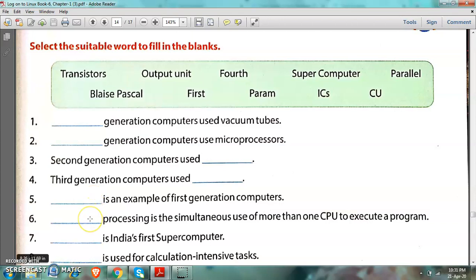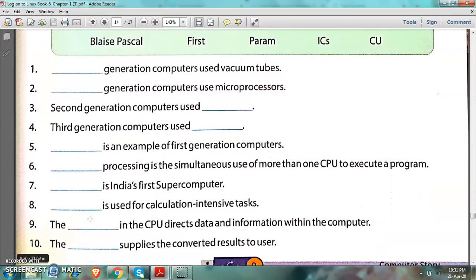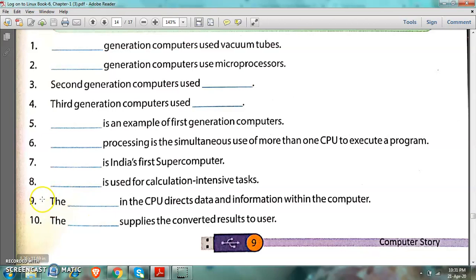Now number 6. Dash processing is the simultaneous use of more than one CPU to execute a program. So here your answer will be parallel.